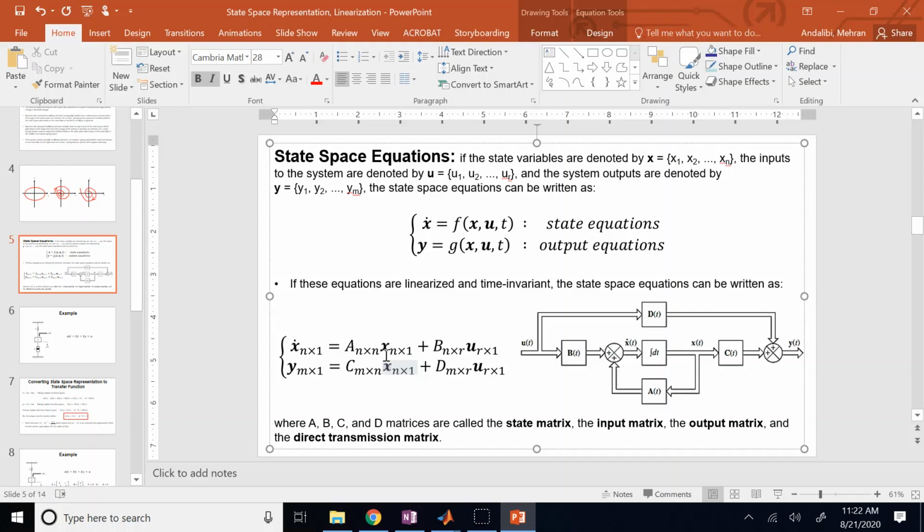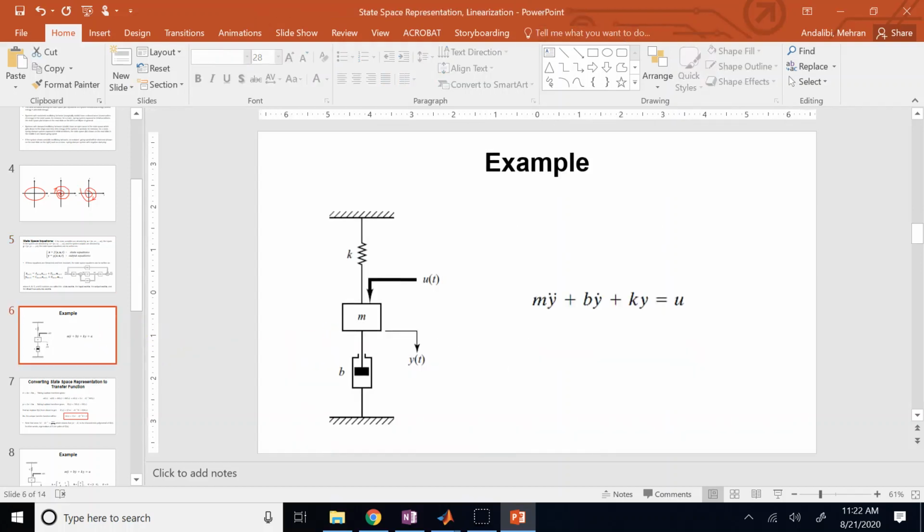So it's quite clear, as I said, we need to solve more examples in order for you to master this concept.